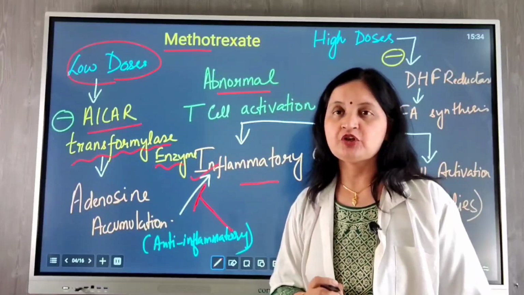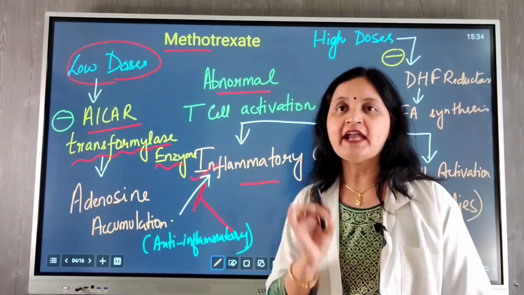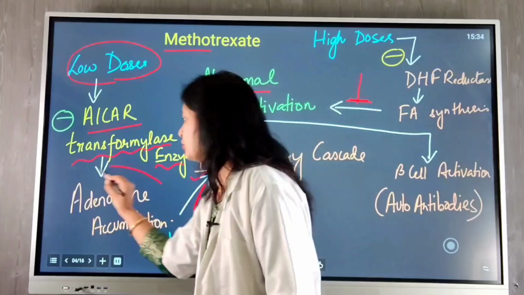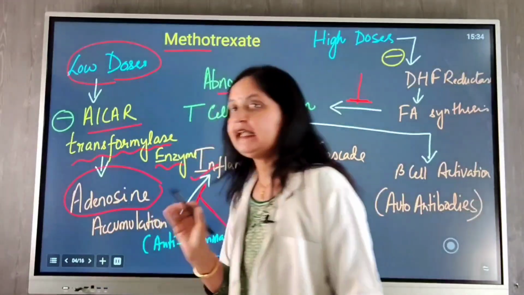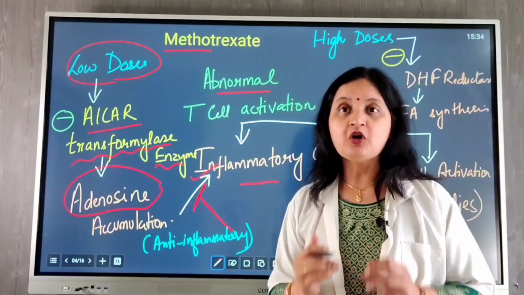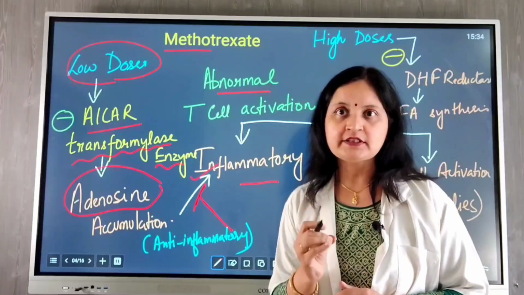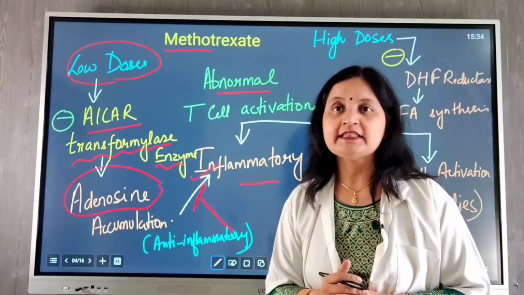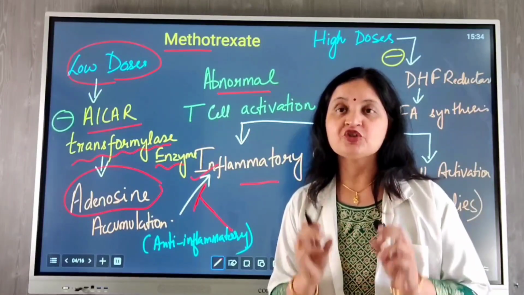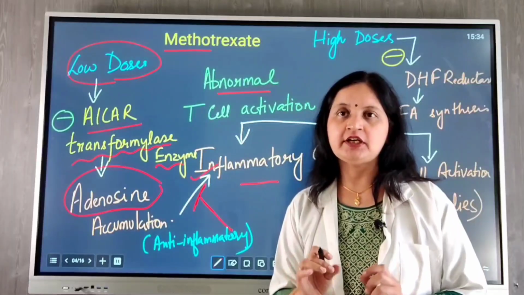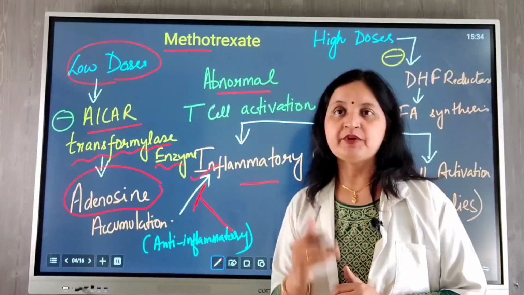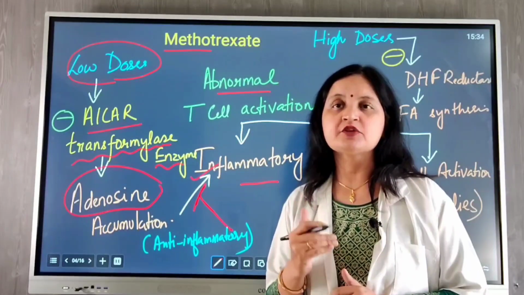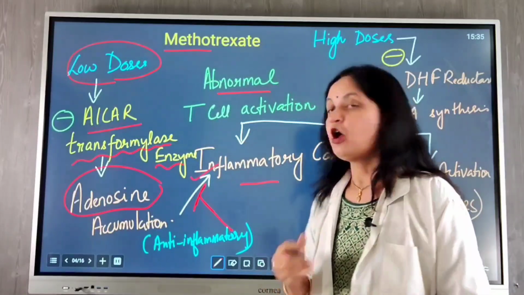Because of the inhibition of this enzyme, there is accumulation of adenosine. Adenosine has anti-inflammatory properties, so it reduces inflammation, suppresses inflammation and controls the symptoms of rheumatoid arthritis.